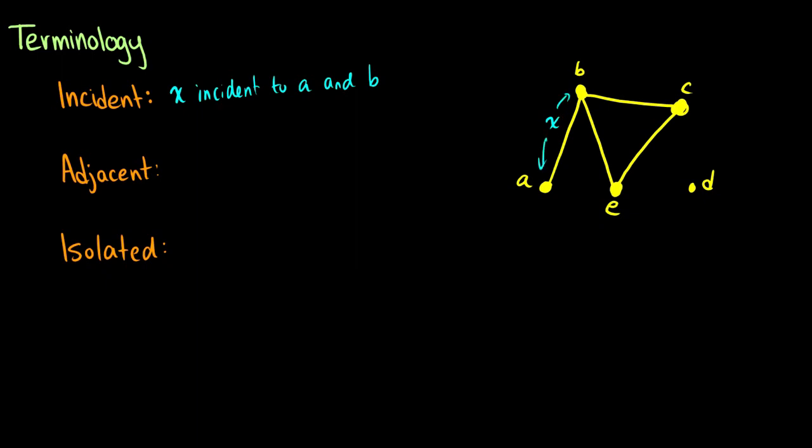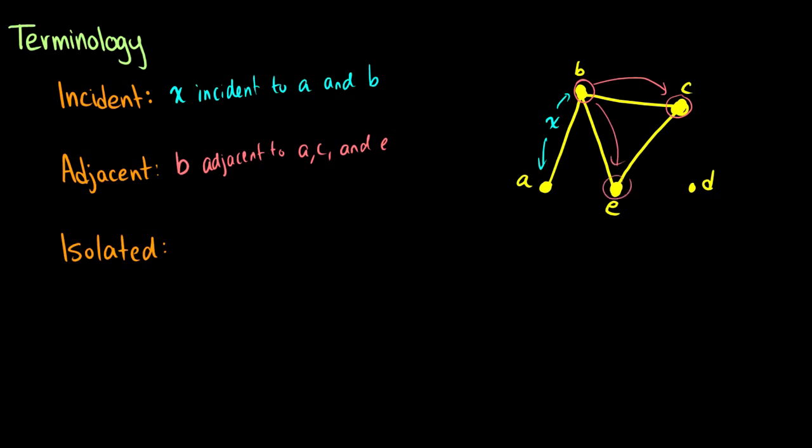Now we have another term here called adjacency. As an example, B is adjacent to A, C, and E. So what do you think this means? Well, if we have a vertex, it is adjacent to other vertices if it has an edge connecting it.